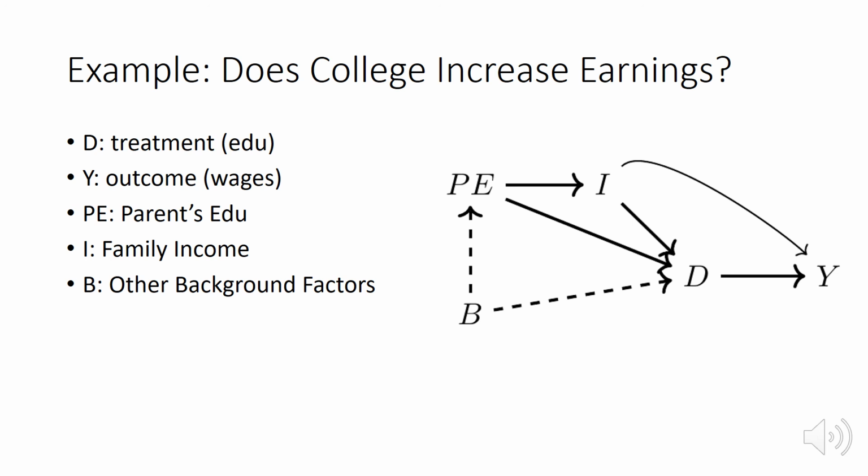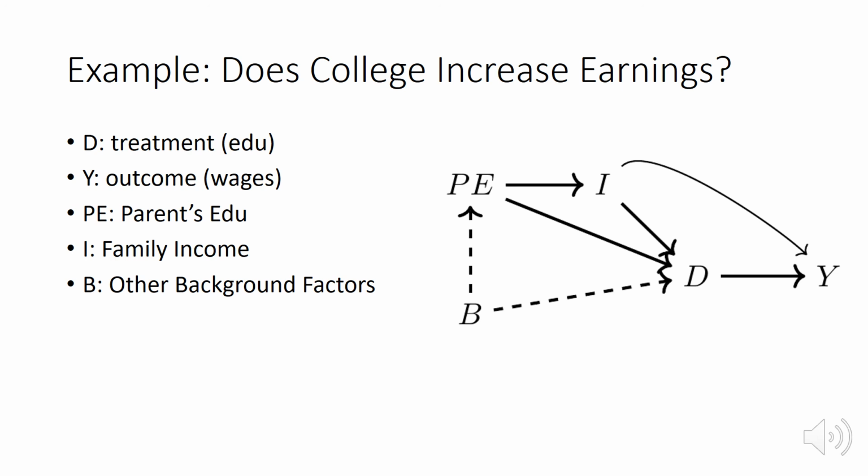We've got the outcome variable. We want to know if college increases your earnings. We should figure out what your earnings are. But we've got some other factors that we might think influence both the decision to go to college and your earnings. So we've got your parents' education, students whose parents went to college are more likely to go to college themselves. We'll talk about that in a second.